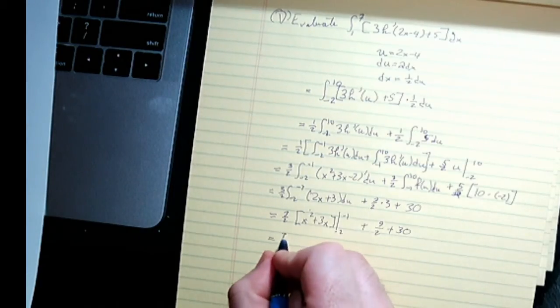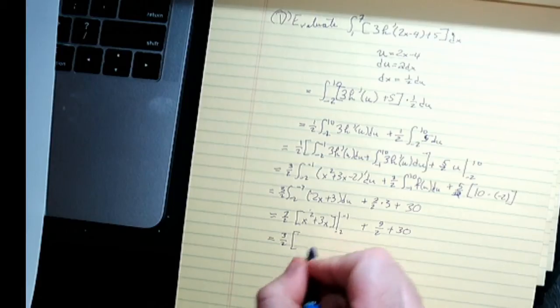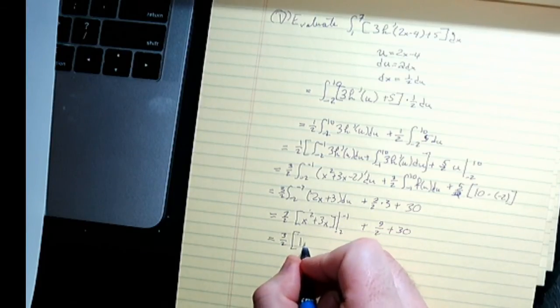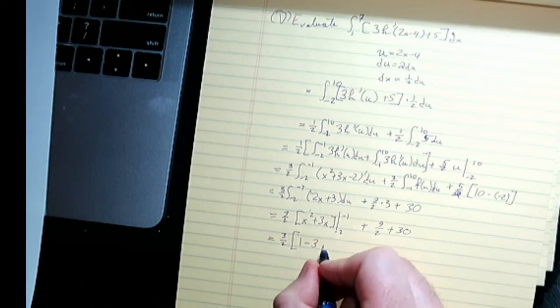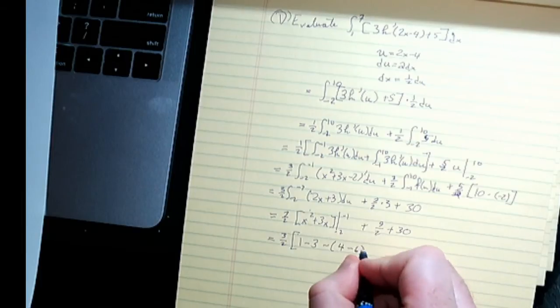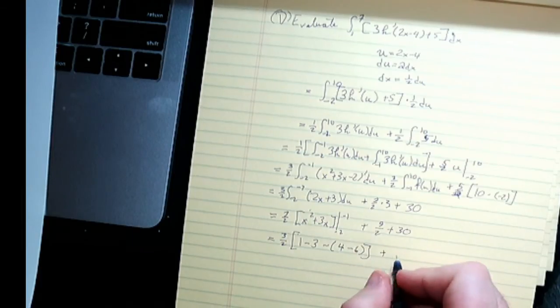What is this? This is 3/2. Just plug in each one. Negative 1 squared is 1, minus 3, minus the quantity, 4 minus 6, plus, let's see, 69/2.